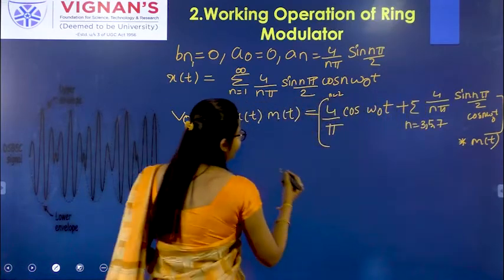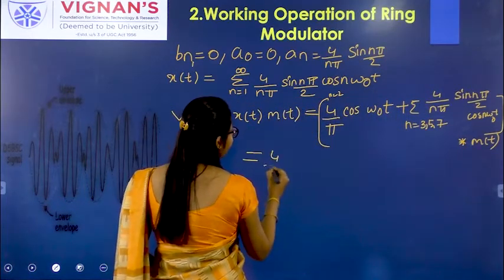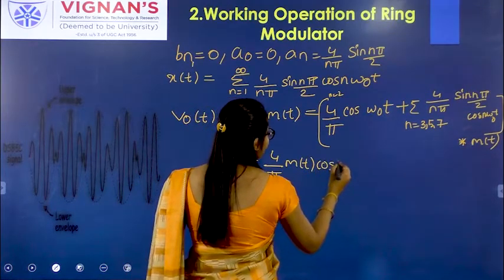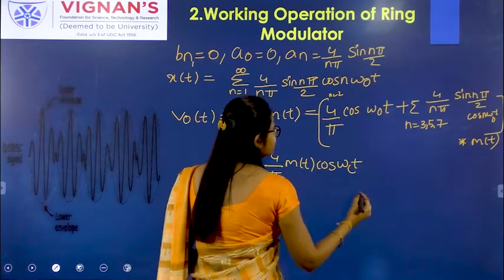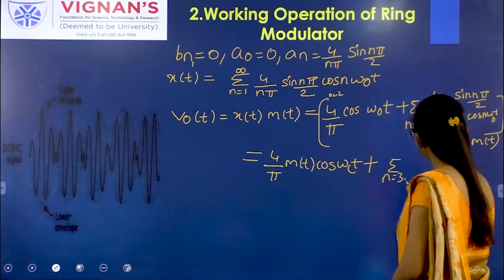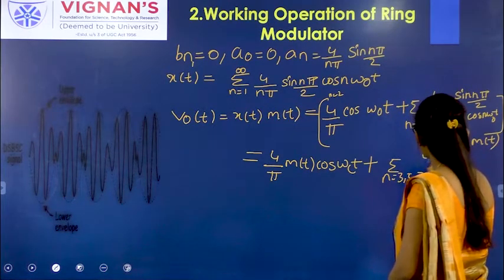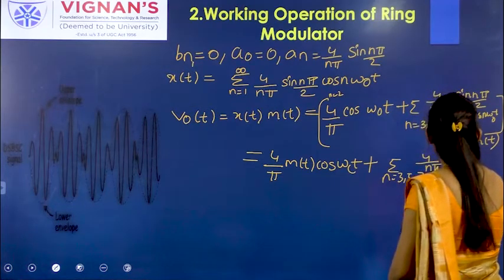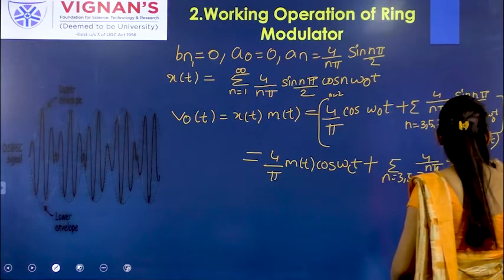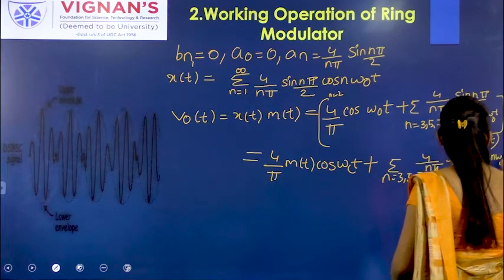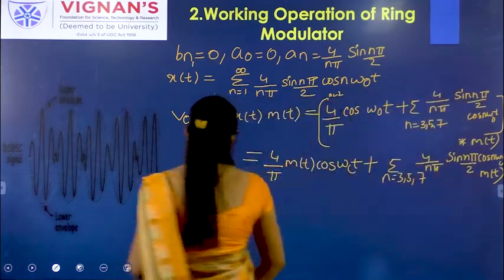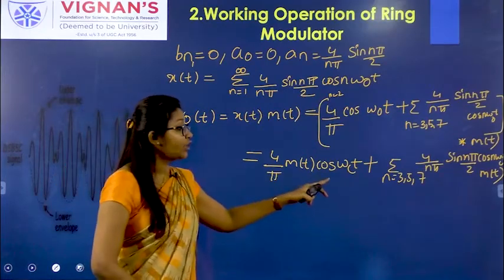So the final output you will get is 4 by pi m of t cos omega c t.